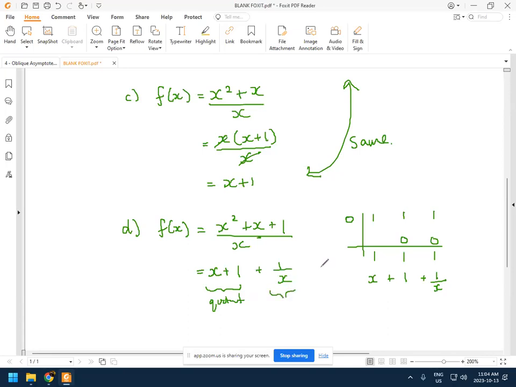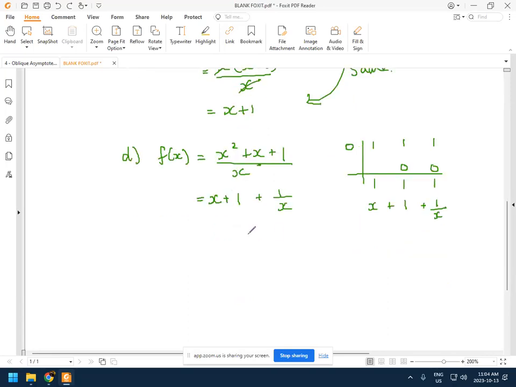So it's a remainder over divisor. Now, you're putting together what we've learned before, but here's the thing.